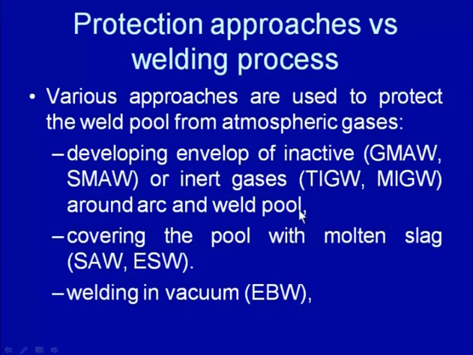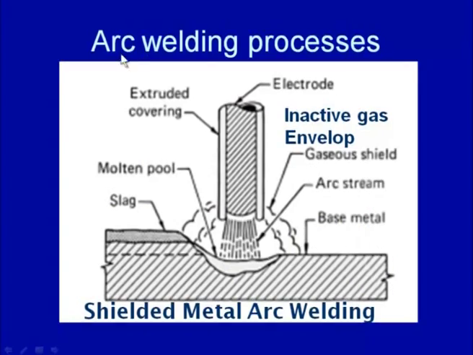These are mainly shielding the weld pool using inert gas or inactive gases, covering the weld pool with the help of molten flux or molten slag, and performing the welding in vacuum itself, so that all the atmospheric gases can be taken out, and so as to avoid their entry in the arc region. Let us see how the different approaches are used in the different welding processes.